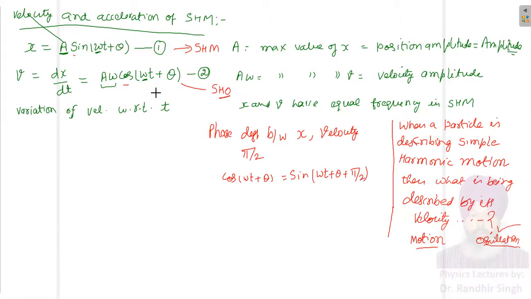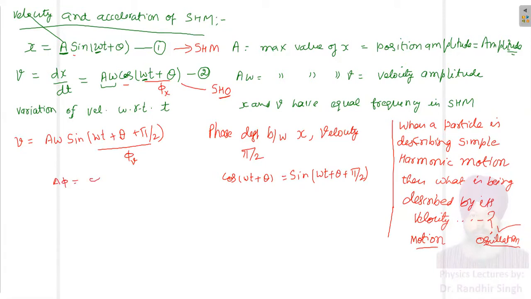So instead of this equation, you can also write velocity as A omega sine(omega t plus theta plus pi by 2). I will use the symbol phi for phase. So this is the phase of velocity and this is the phase of position. And what is the phase difference?